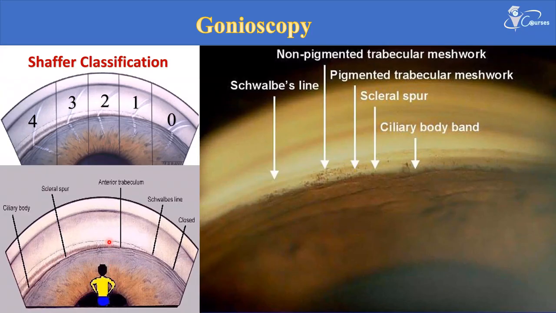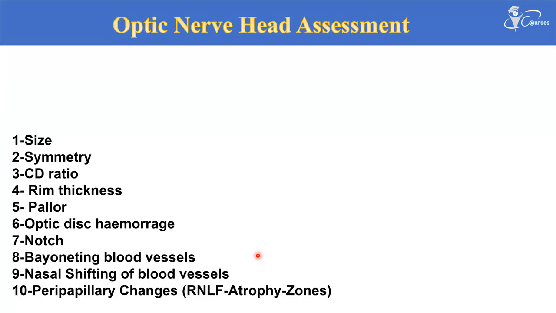For grade 1, you will only see Schwalbe's line. In grade 0, no structures of the angle are visible, which is called iridocorneal contact or iridocorneal touch. So the angle here is totally closed. So this is for the gonioscopy.